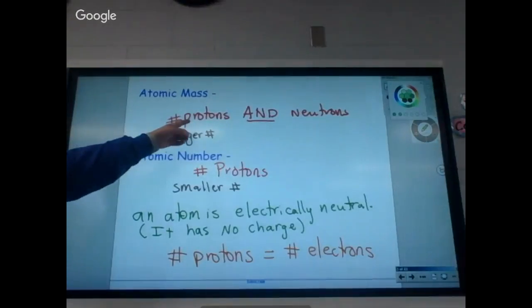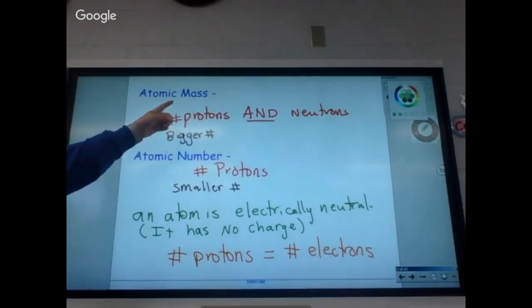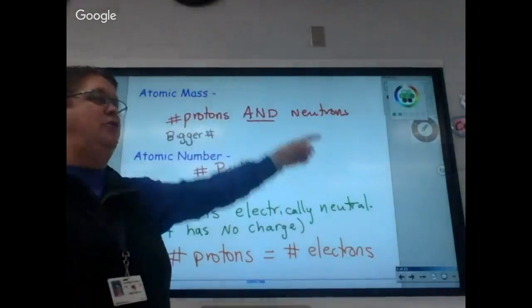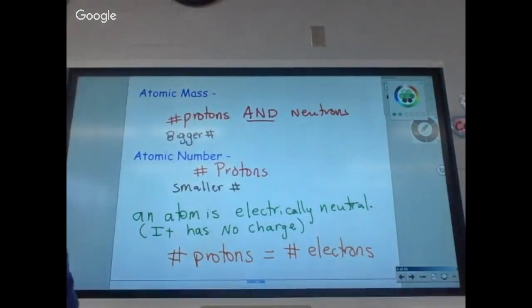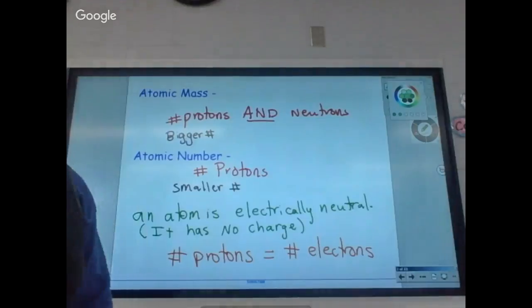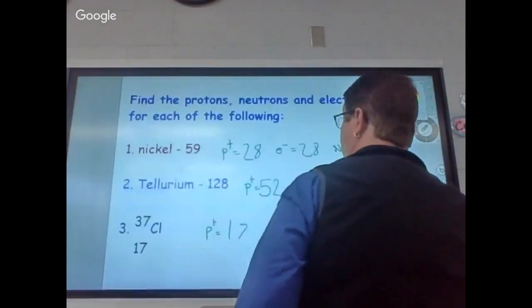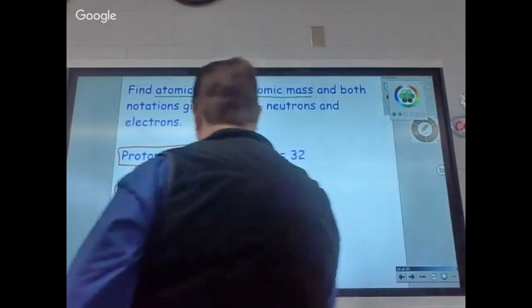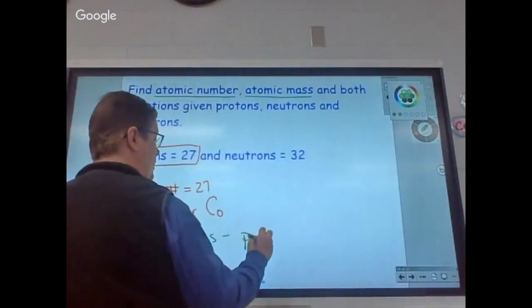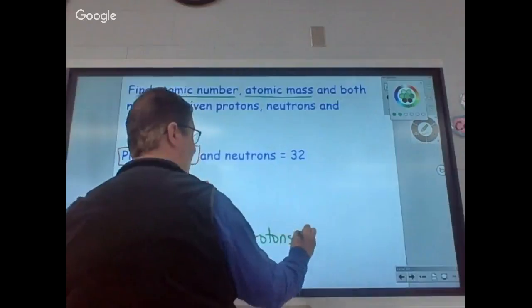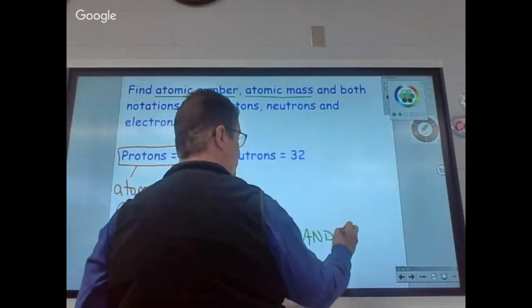What does atomic mass's definition say? Protons and neutrons. Tell me what "and" means in math class. It means add. Okay? So, if I cruise back to where we were, atomic mass is defined as protons and neutrons.